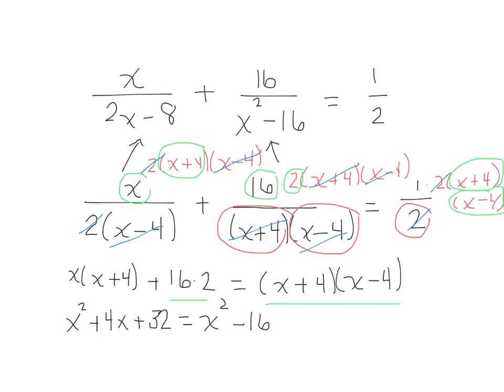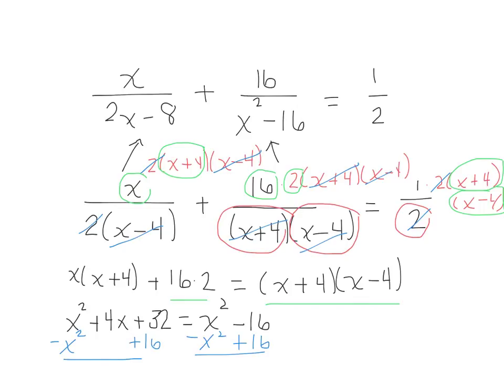And obviously what we have is a quadratic equation because we see the highest degree on any x is 2, which makes it quadratic. And we know that with quadratic equations, we solve them best by getting it equal to 0. So we're going to need to subtract x squared from both sides and add 16 to both sides.